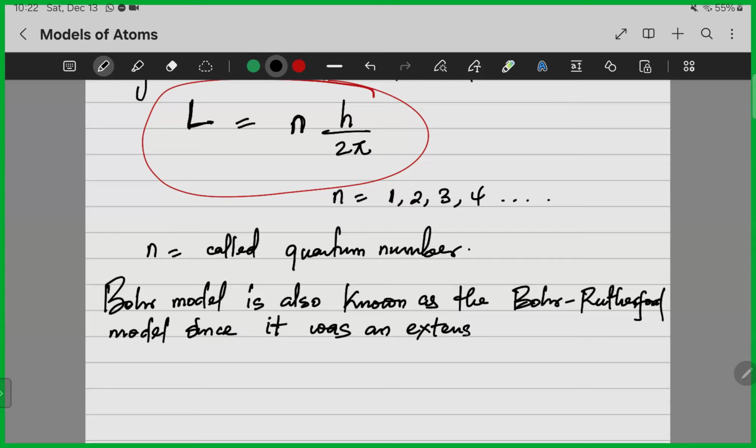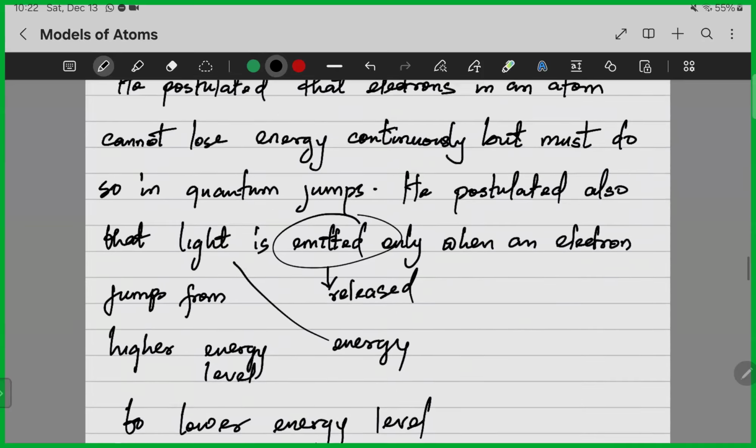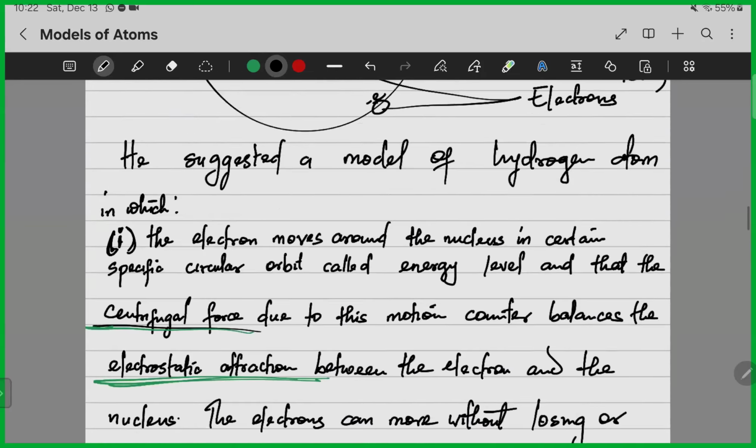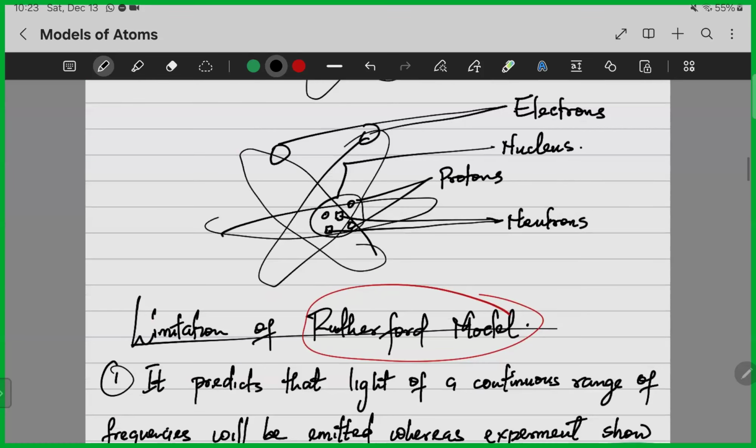One of the reasons I believe so is that, as I explained, in Bohr's model the nucleus is positively charged, but Bohr remodeled it such that we don't just have random orbits.